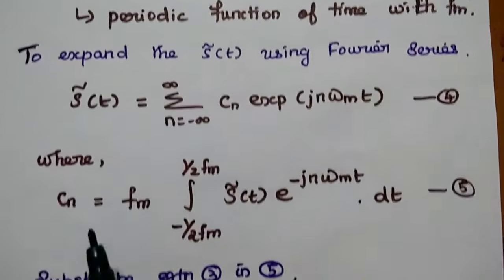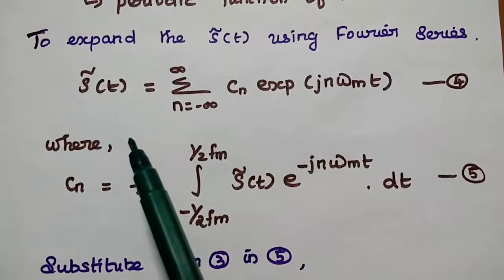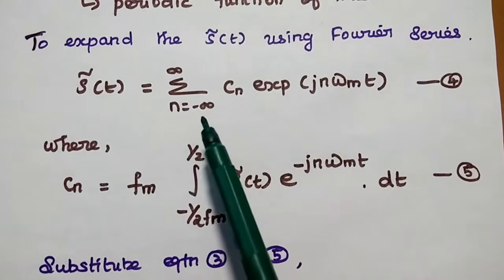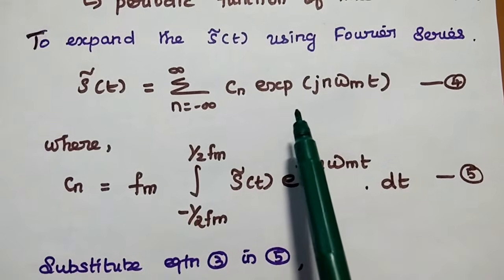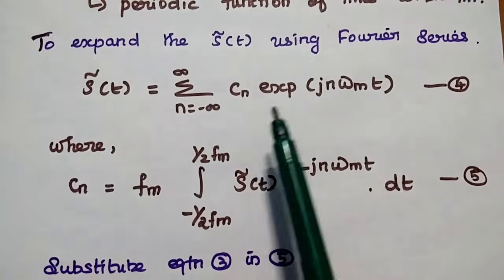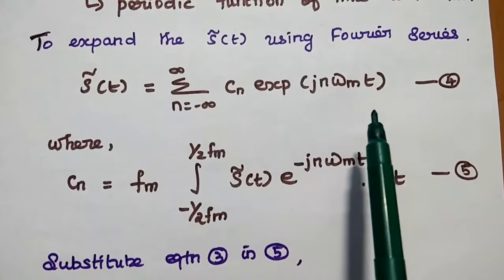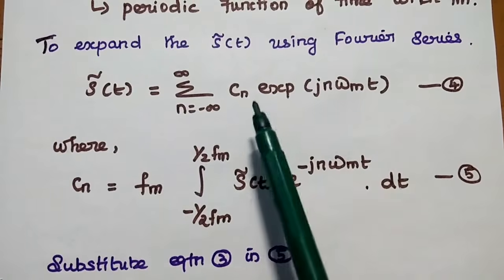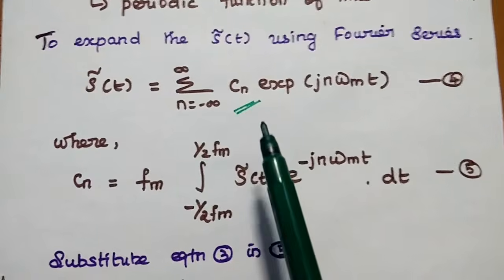Using the Fourier series we can obtain the expression as the summation from n equal to minus infinity to infinity of Cn exponential of j n omega m t. This is the formula for the Fourier series in the time domain. Consider this as the fourth equation, where Cn is the Fourier series coefficient.